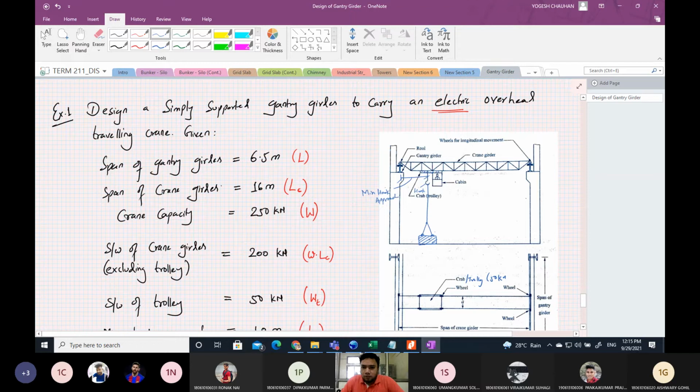And this crane can lift a load up to 250 kilonewton. So this is 250 kilonewton. This is the maximum load it can lift, the maximum load lifted by the crane.